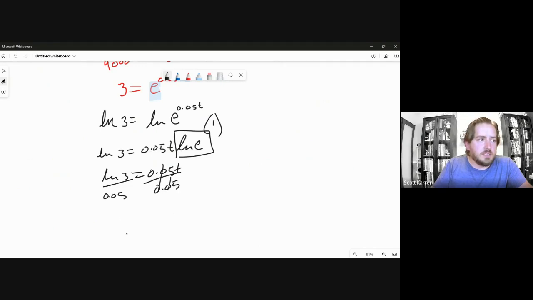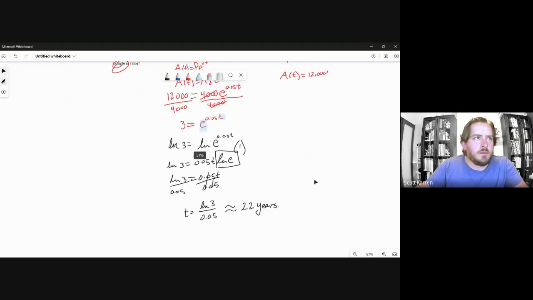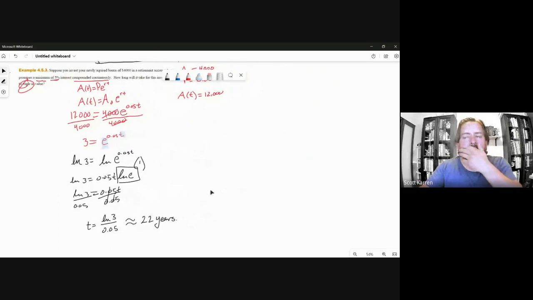And I get t is equal to the natural log of 3 divided by 0.05, or calculating that to something that's useful to us, I get about 22 years. And that's how long we take to triple.